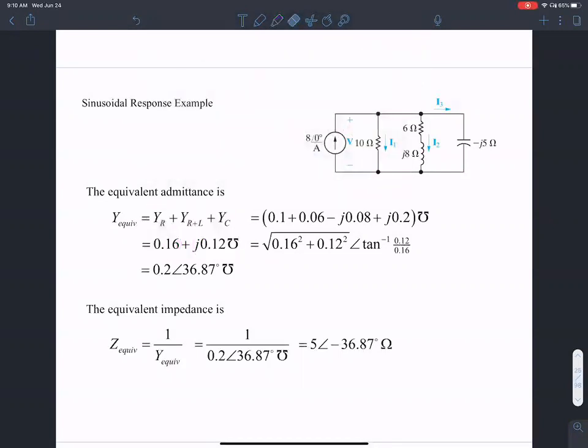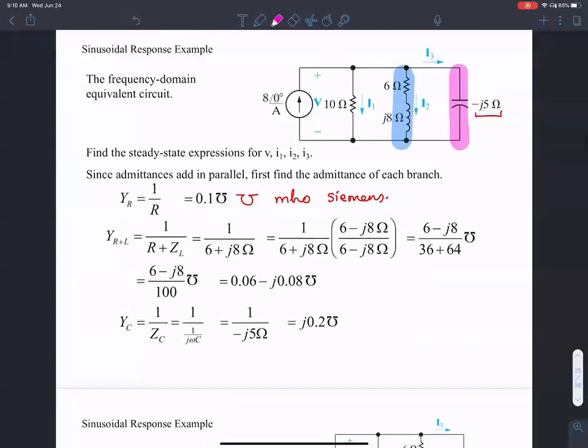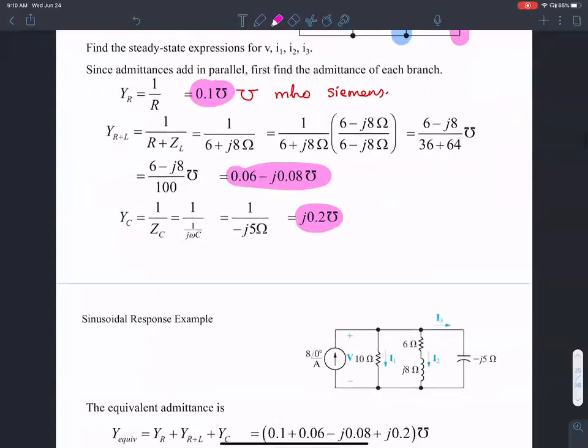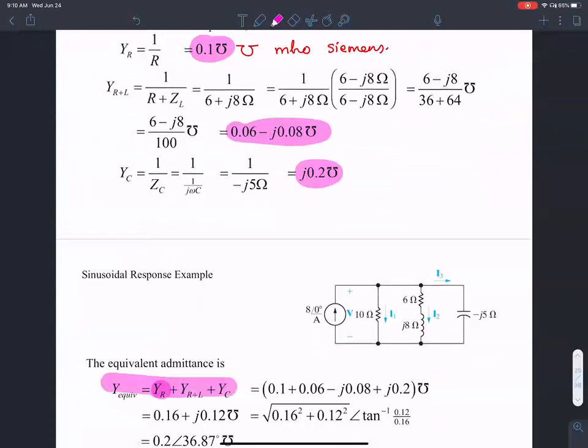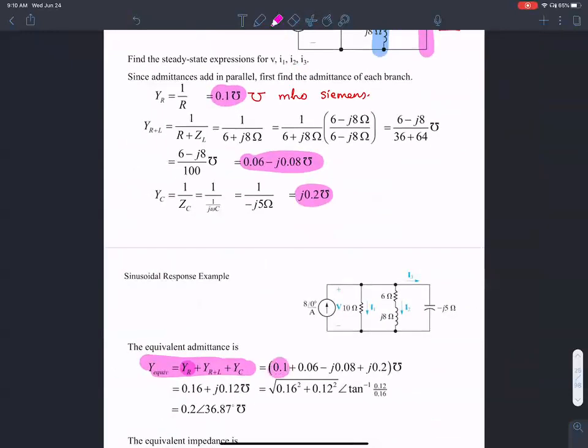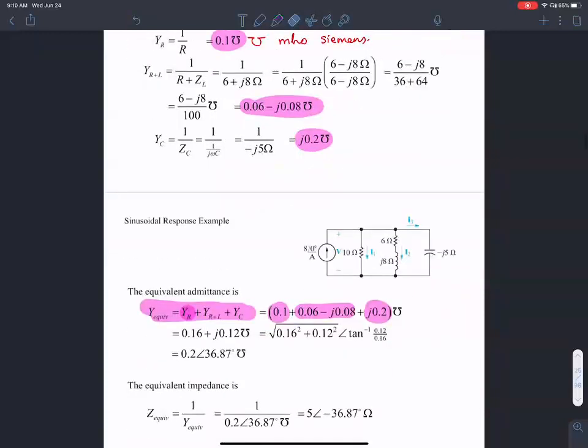All I have done is add the three results. That's what I'm doing in this step. Then I have 0.1, this guy is from the inductance, and that guy is the capacitance. Then what I have is something that looks like this.